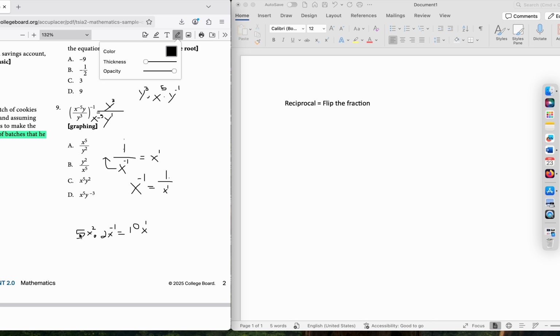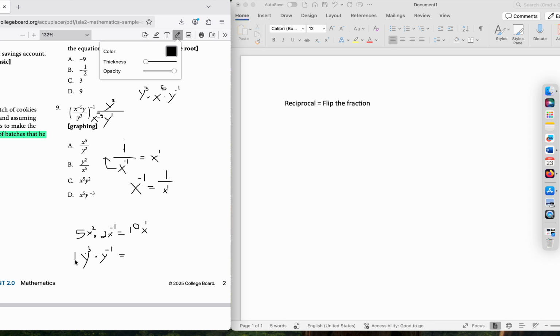And so very easily I can do that up here. Y in this case, y to the third power times y to the -1st power is just, you're multiplying the coefficient.